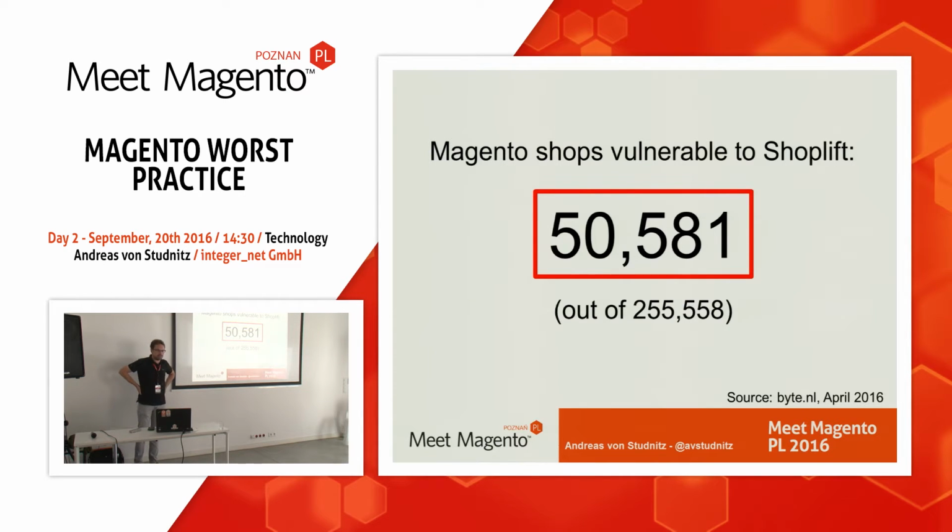It's statistics by Byte, the Dutch hosting company, which has an overview of installed Magento systems on the web, and they are regularly scanning 250,000 shops, and nearly 1/5 of them, nearly 20% of them, are still vulnerable after more than a year.